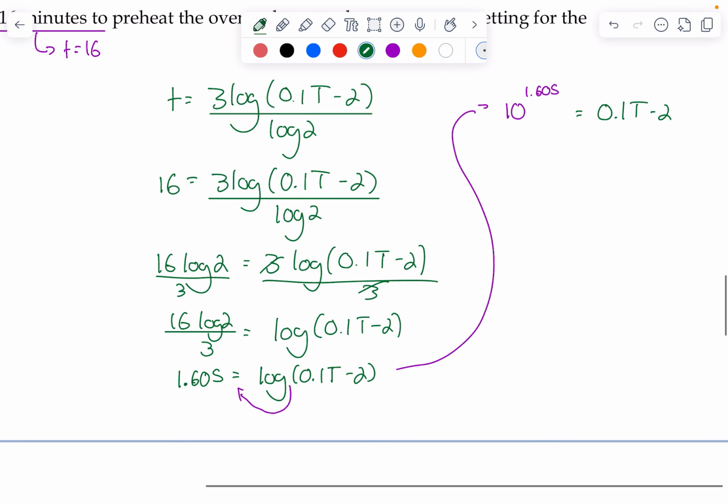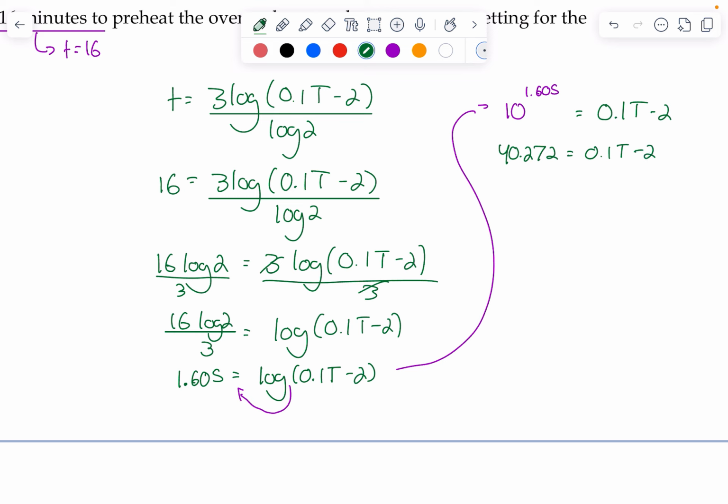So 10 to the power of 1.605, that's 40.272 is equal to 0.1 T minus 2.